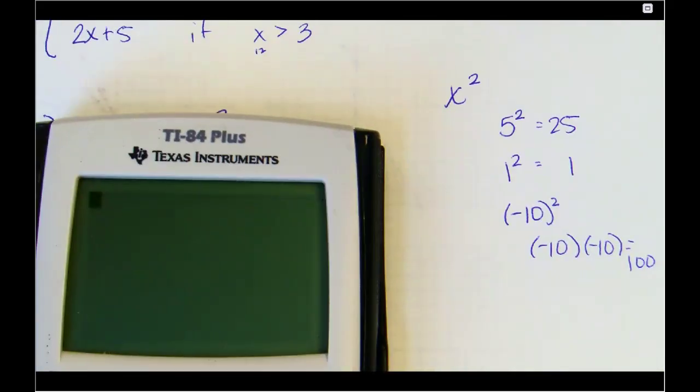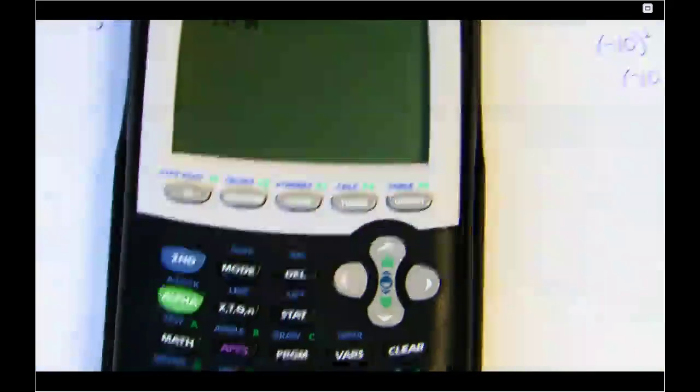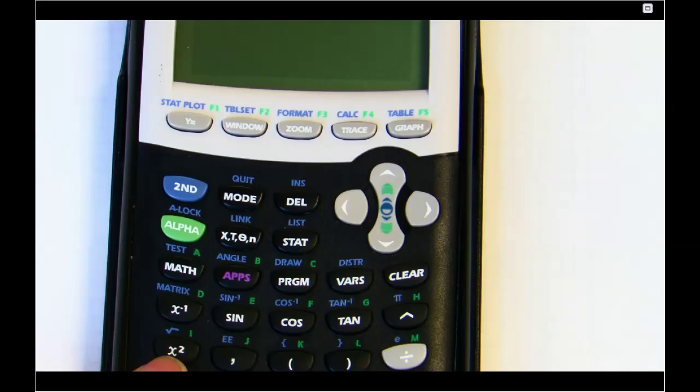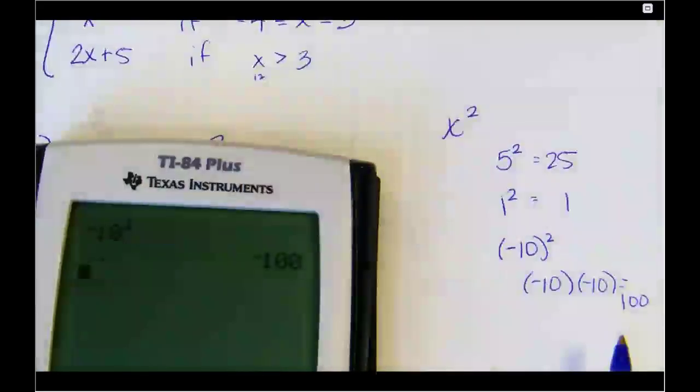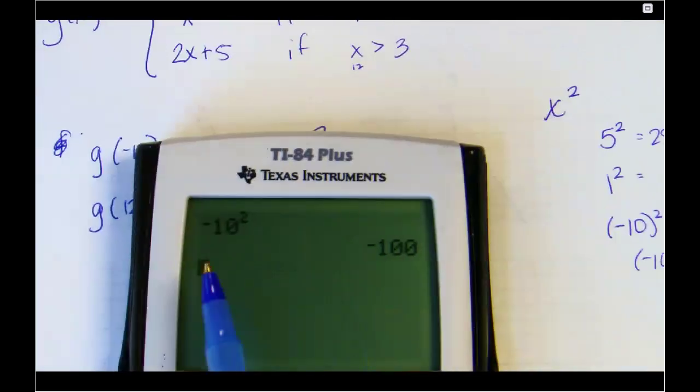Okay, so here's my question. If you do negative 10 squared, by the way, you know there's a squared button over there on the left-hand side, right? It's right there. So do you trust what you know, that negative 10 times negative 10 is a positive, or do you trust your calculator because your calculator is smart? I trust what I know.